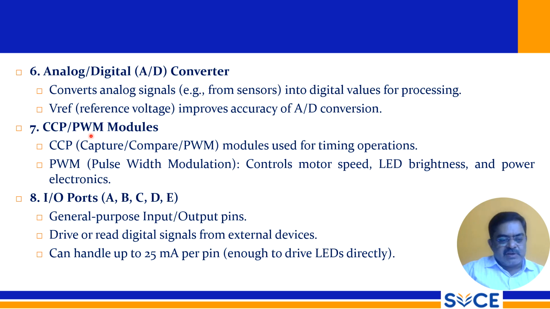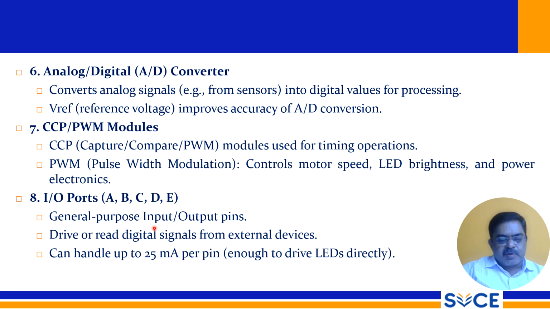Next, CCP and PWM modules. CCP is capture, compare and pulse width modulation, modules used for timing operations. PWM, pulse width modulation, controls motor speed, LED brightness and power electronics. And I/O ports A, B, C, D, E. So there are 5 I/O ports.